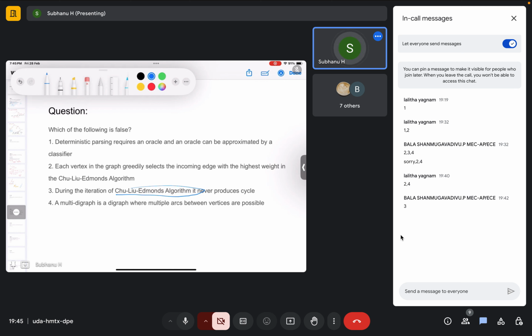Okay, let's finish this question. Then we'll go into the depth of this algorithm.